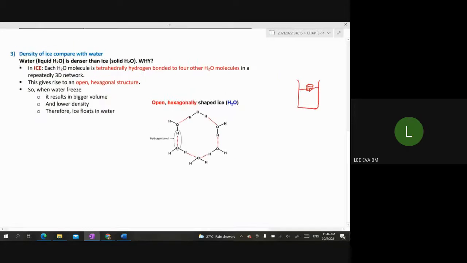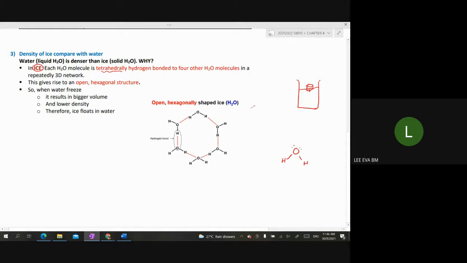This is because in the solid state of H2O, ice, each H2O molecule is arranged tetrahedrally. So if you still remember, in your oxygen, we have a tetrahedral arrangement. Tetrahedral hydrogen bonded to 4 other H2O molecules in a repeated 3D network.